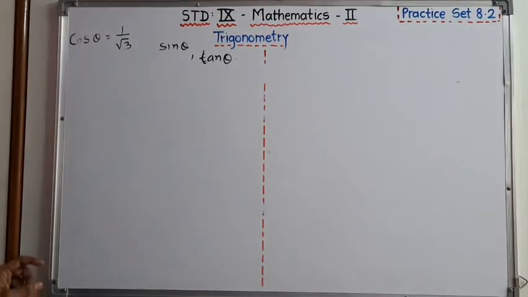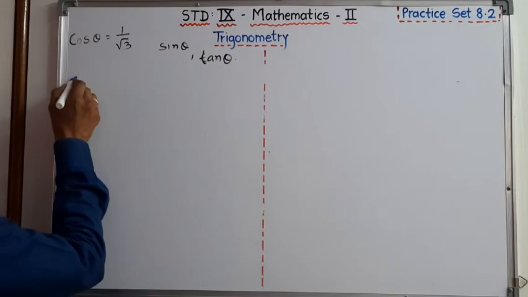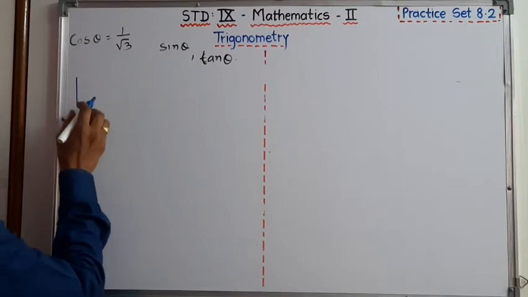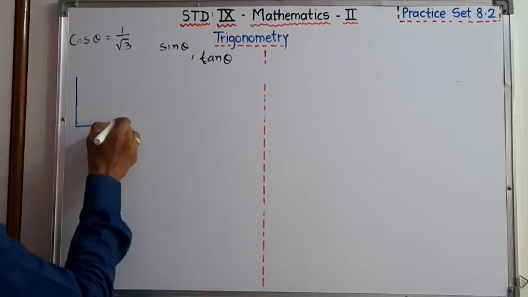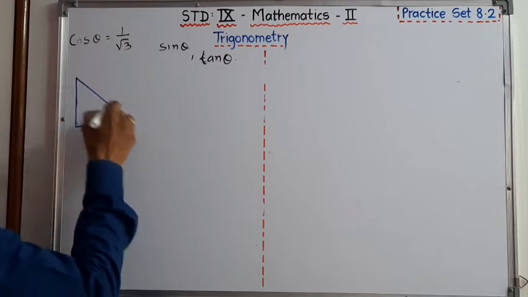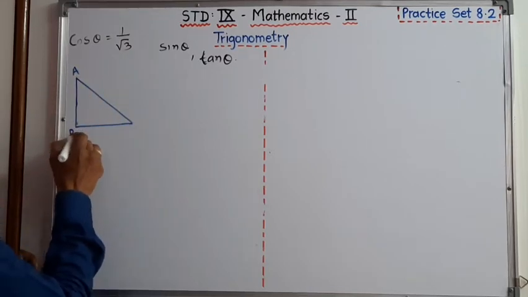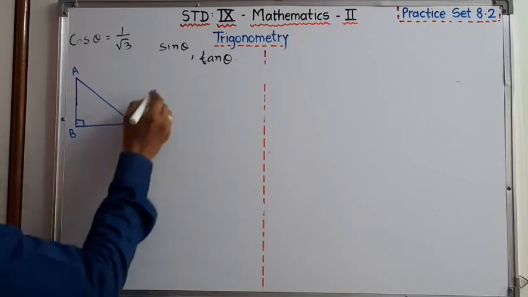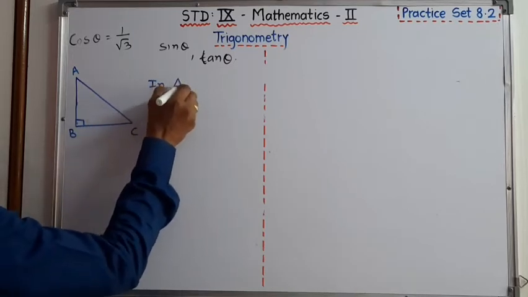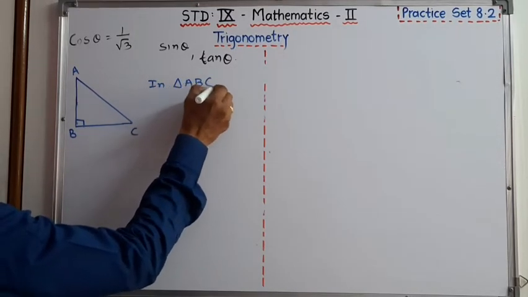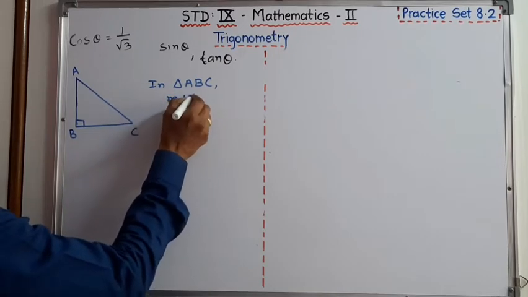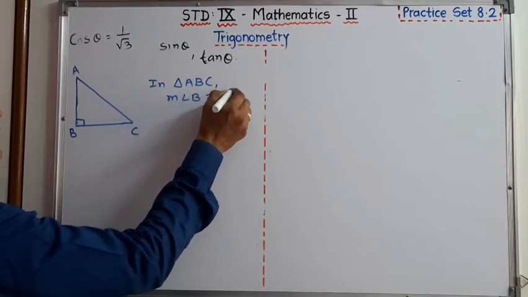Same thing, dear student. First of all, we have to draw here one right angle triangle. Suppose ABC is a right angle triangle. Therefore, in triangle ABC, measure angle B is equal to 90 degree.